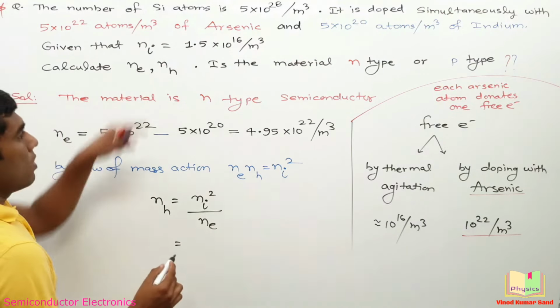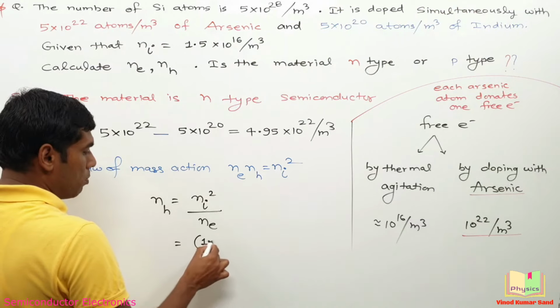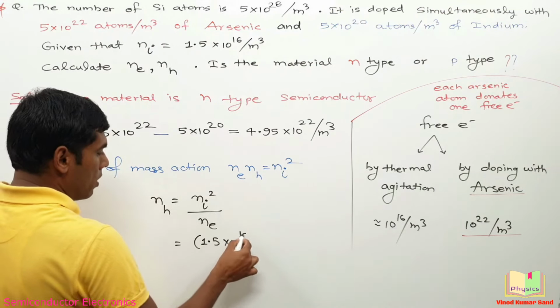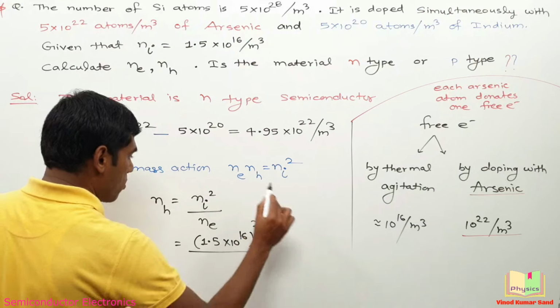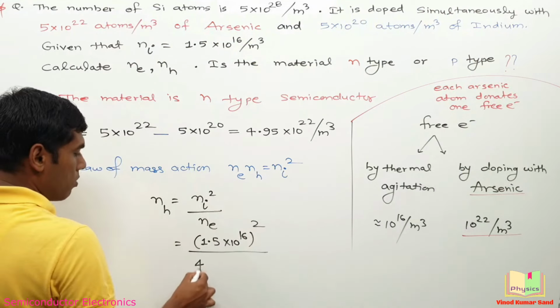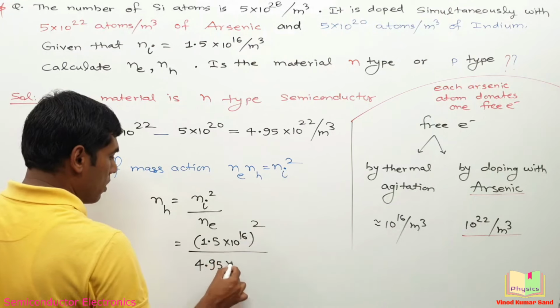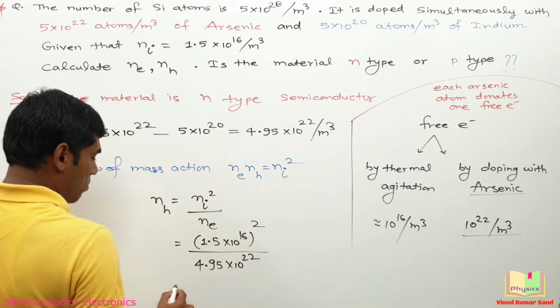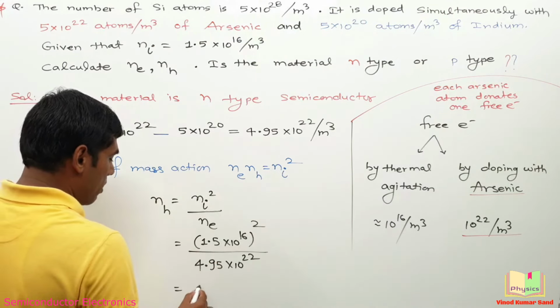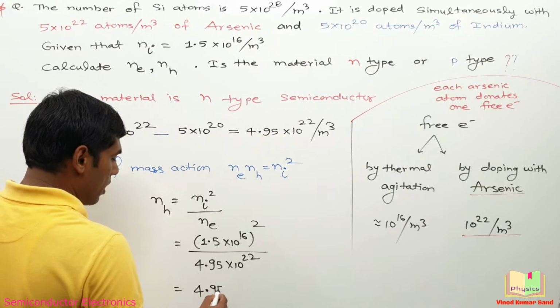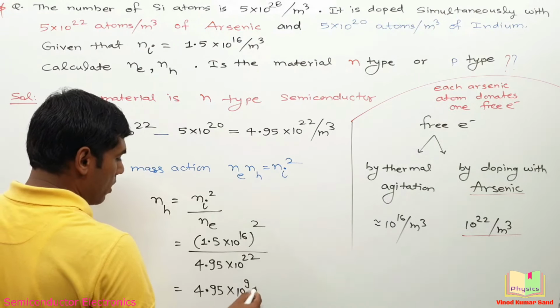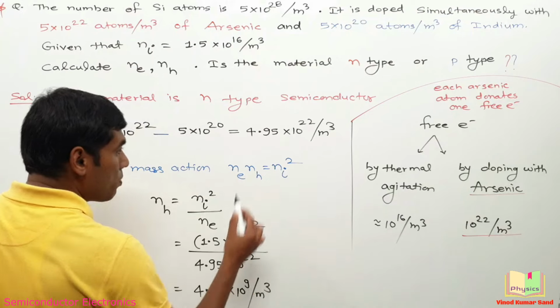Ni is given to us: 1.5 into 10 to power 16 whole square, and Ne is 4.95 into 10 to power 22. When we compute this number, it comes out to be 4.95 into 10 to power 9 per meter cube.